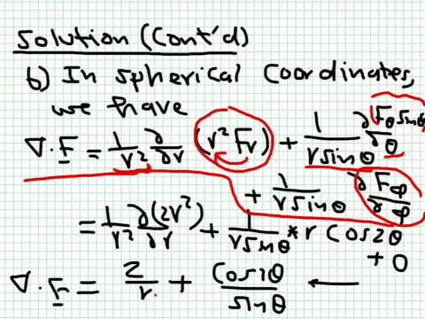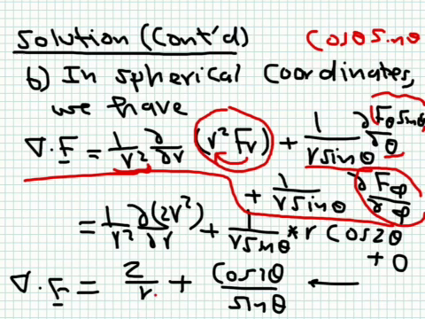For the theta component, we had r cosine theta. When you differentiate, you multiply it by sine theta. So what I did here, I made a fast step. I multiplied cosine theta by sine theta, and I wrote this as 1/2 sine of double the angle.